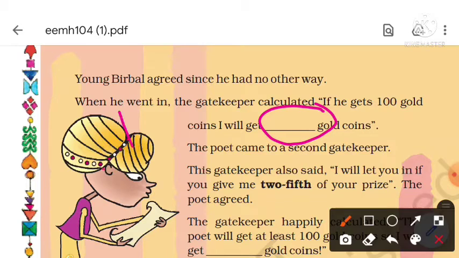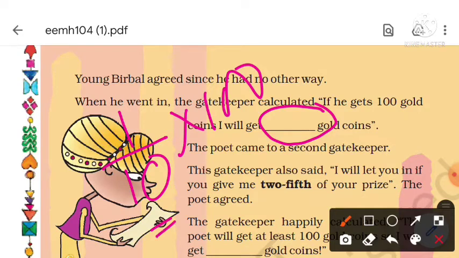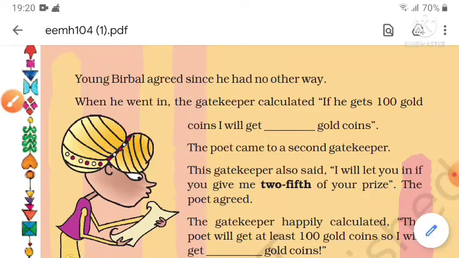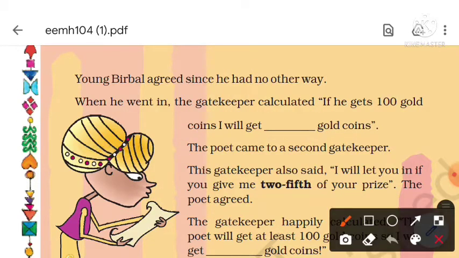He demanded about 1/10 of the prize. So if the prize is 100 gold coins, it will be 1/10 of 100, that is 10. So the gatekeeper calculated, if Birbal gets 100 gold coins, he will get 10 gold coins.